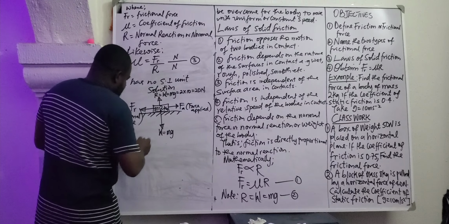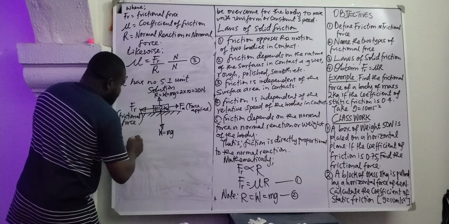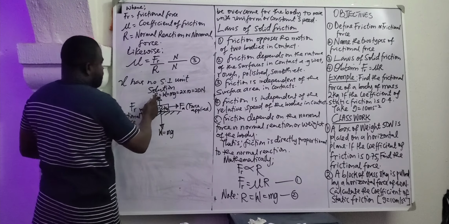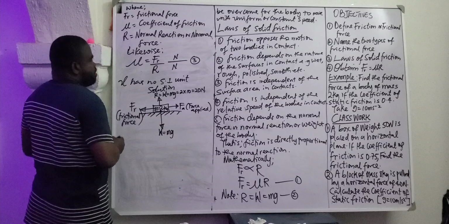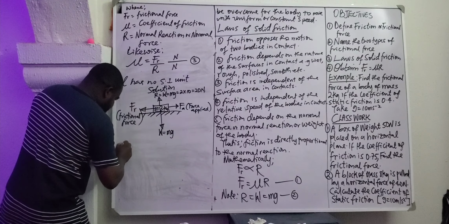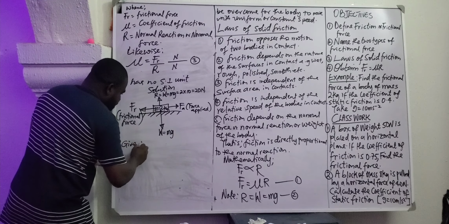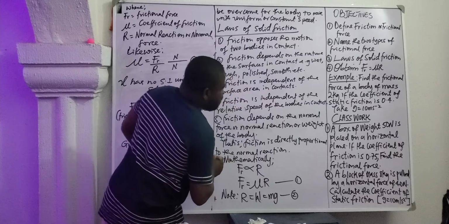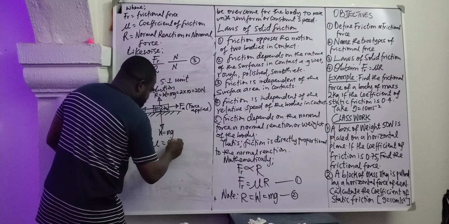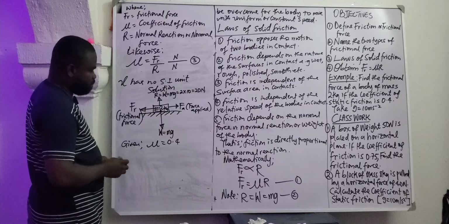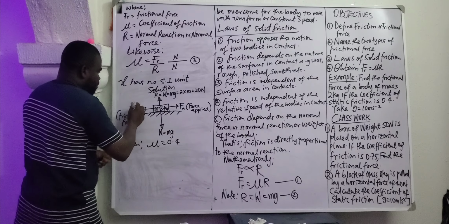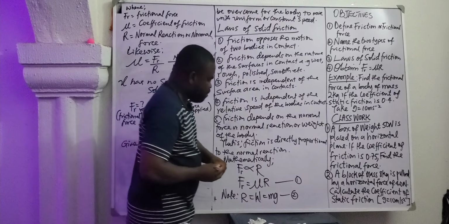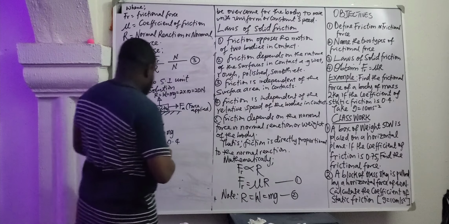So we say that we have calculated the weight, which is equal to the reaction, as 20 Newton. We are also given the coefficient of friction as what? 0.4, without unit. I say it has no unit. And they want us to find the frictional force. So which of the equation will be applicable? We use that equation 1.